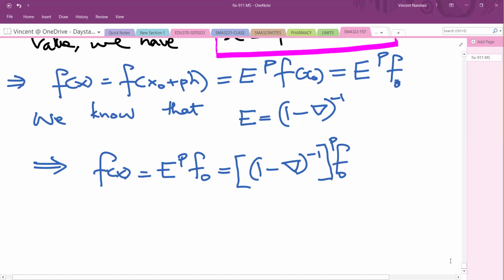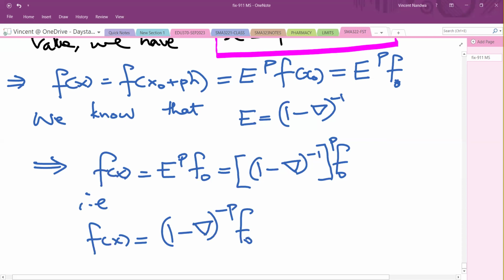So f of x will be the same as 1 minus backward raised power minus p times f naught. We make use of the same binomial theorem on this right hand side coefficient of f naught.